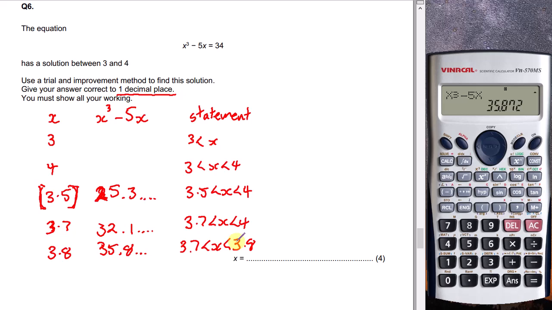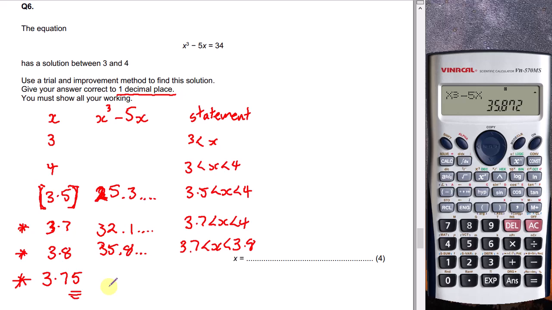The way to decide which one, so that definitely would have to be seen. The two numbers either side, the one that is just too big and one too small, those two numbers must be seen. So now to choose, you go halfway between them. Do not try any other value there because it can be misleading.